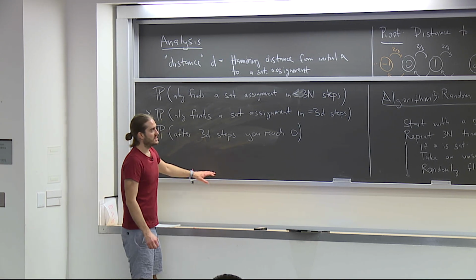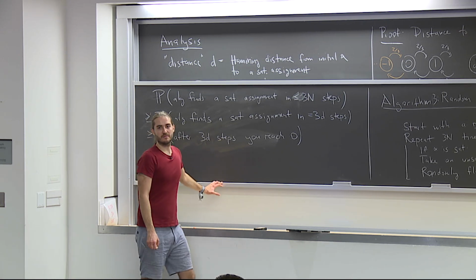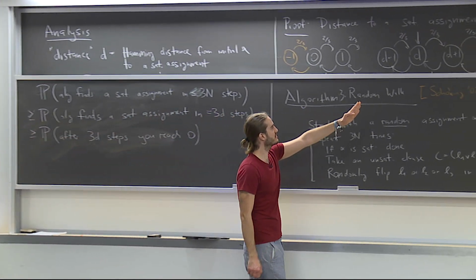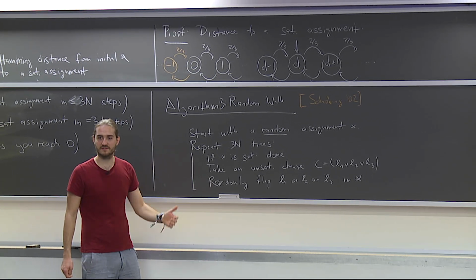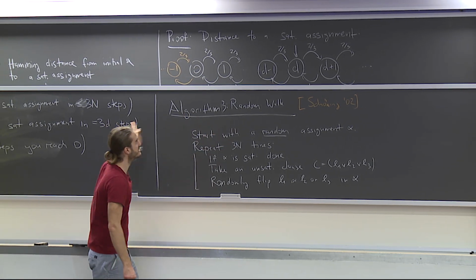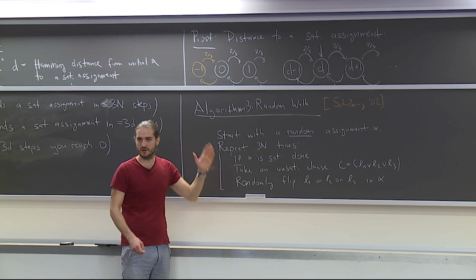So when after 3d steps you reach 0, I claim, first of all, the distance from d to 0 is d. If you reach it in exactly 3d steps, you must have taken 2d steps to the left and d steps to the right. That's the only way in which you can reach 0.